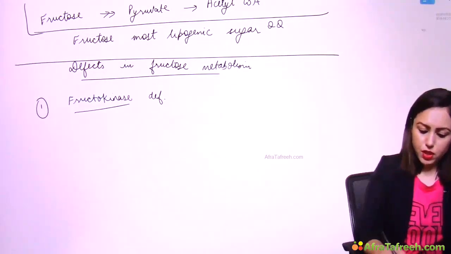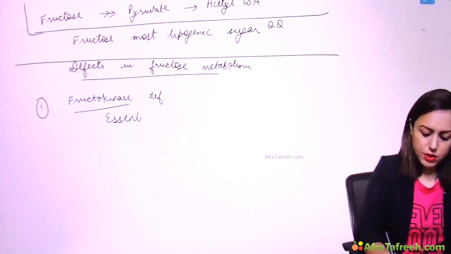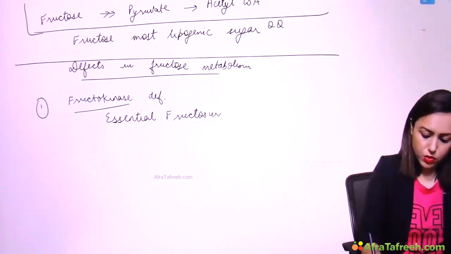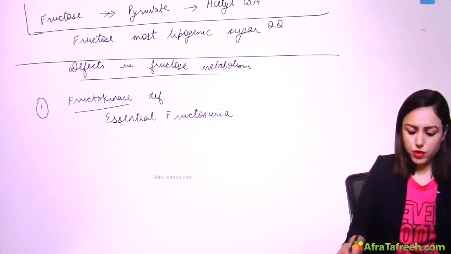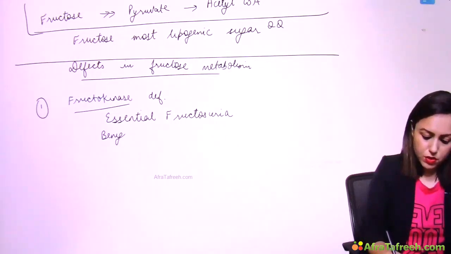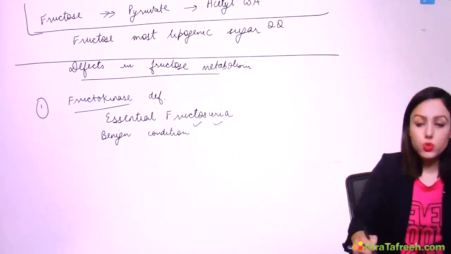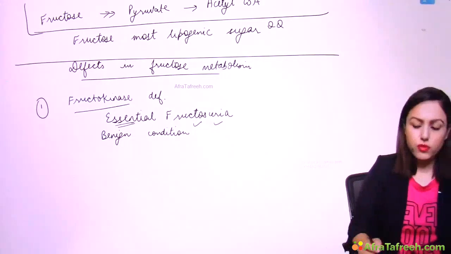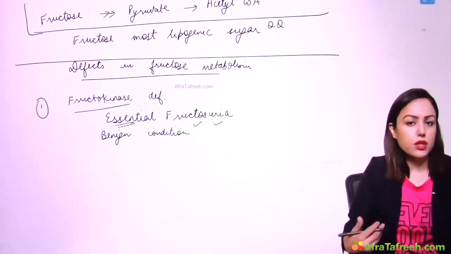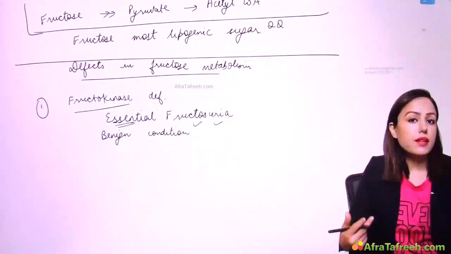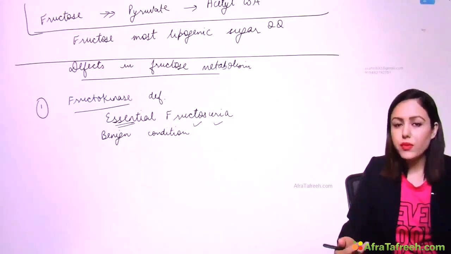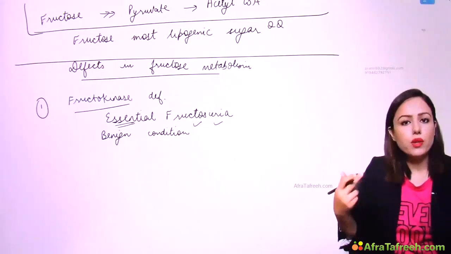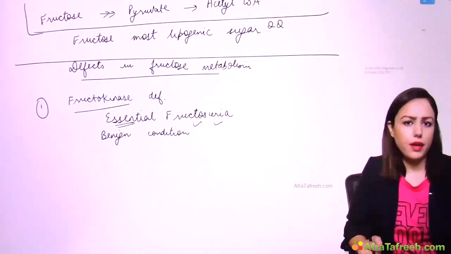Fructokinase deficiency will lead to essential fructosuria, which is a benign condition. There is fructose in urine. The name tells you fructose in urine, and usually the word essential is used for a benign condition. It is a benign condition, right? Similarly, there is essential pentosuria. In essential pentosuria also pentoses are coming in urine, and it's a benign condition.